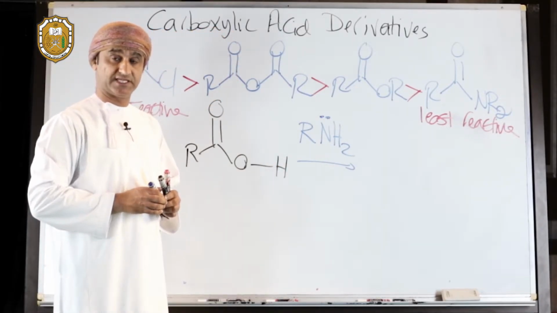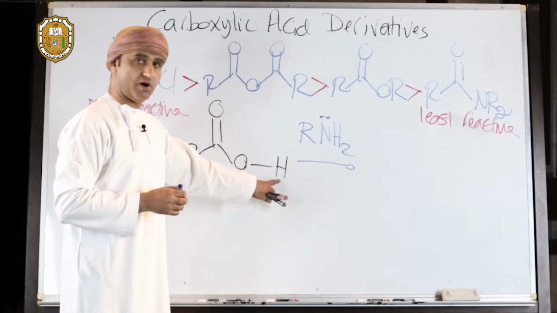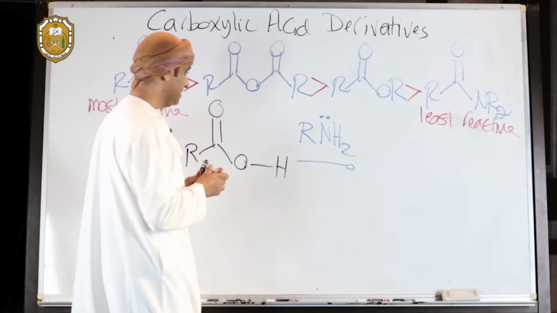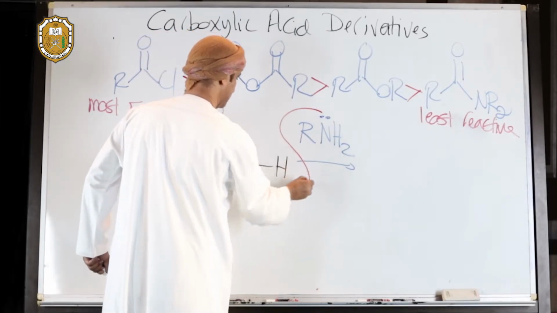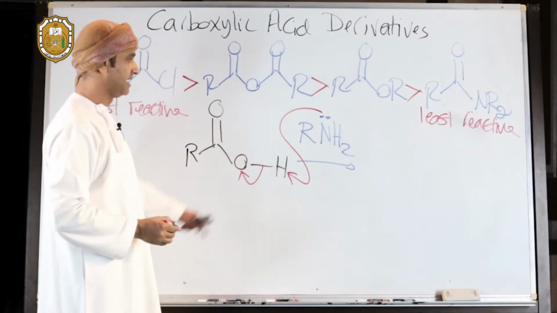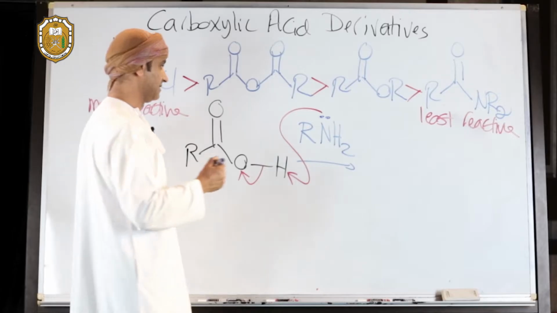So that basic amine will prefer to abstract this proton in an acid-base reaction. So the amine will actually deprotonate carboxylic acids. That's because that hydrogen is acidic, and because amines are sufficiently basic for this chemistry.